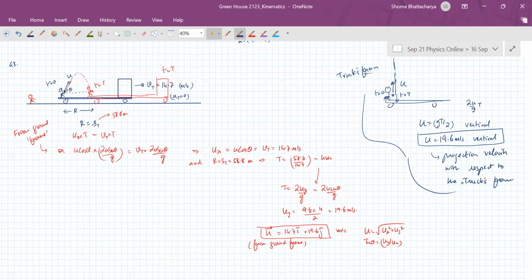But actually, relative motion concept is also an effective way of solving it. But in this type of question, it's not really necessary. We can just solve it like this from the ground frame point of view.